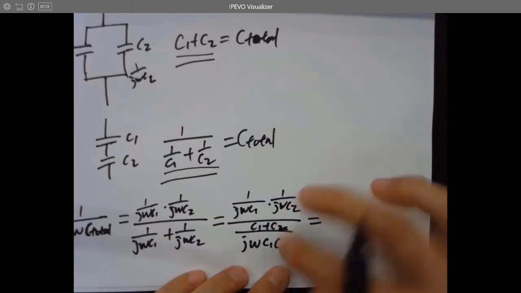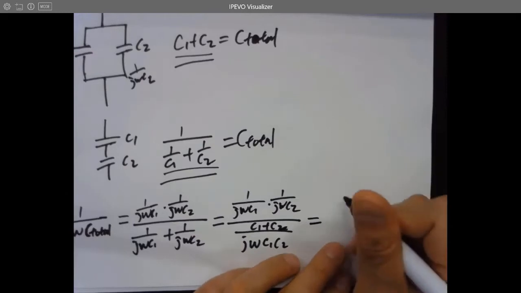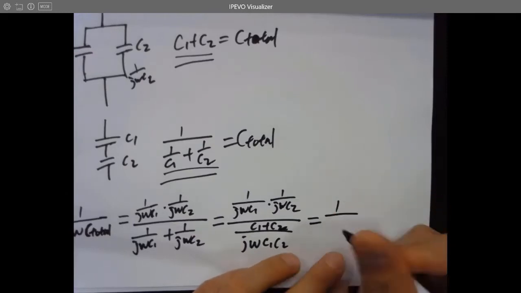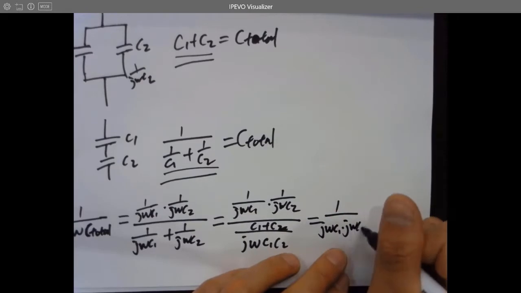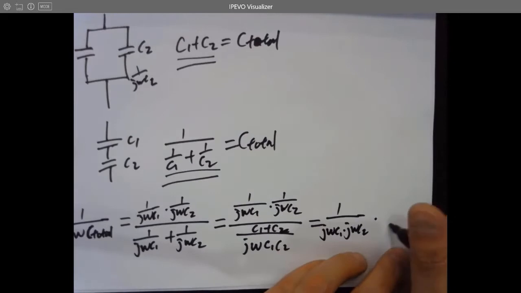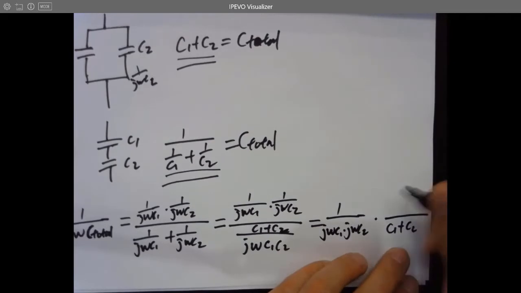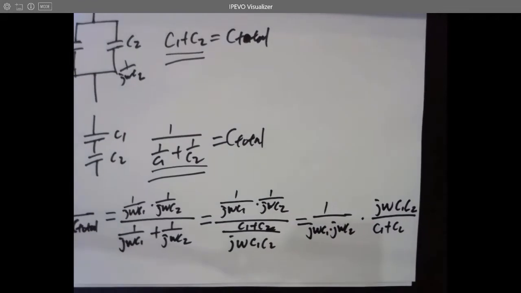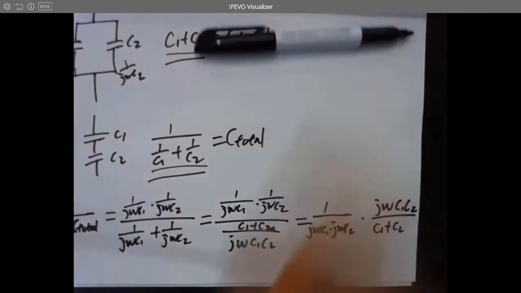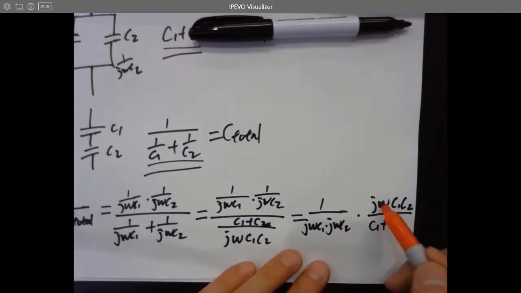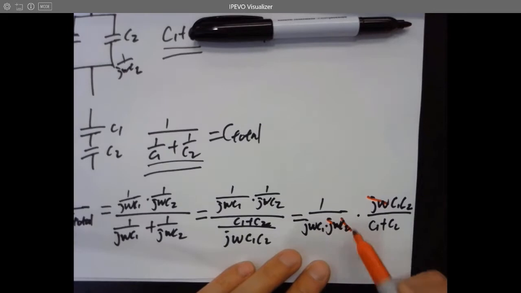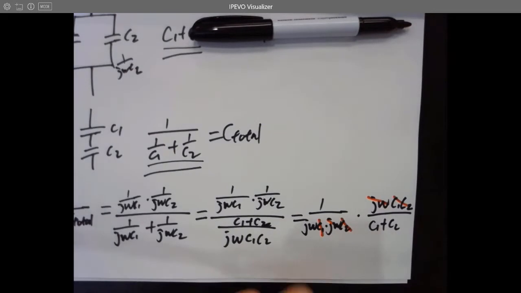Flip it, right? It's going to be 1 over j omega C1 times j omega C2 times C1 plus C2 j omega C1 C2. So what can be cancelled? Right? What's the final result?